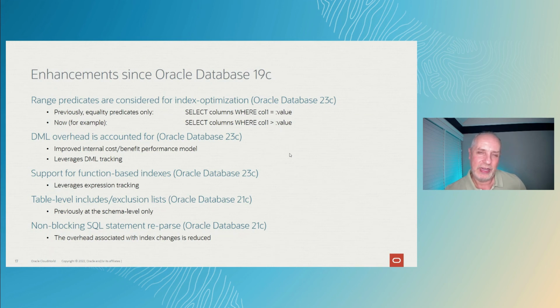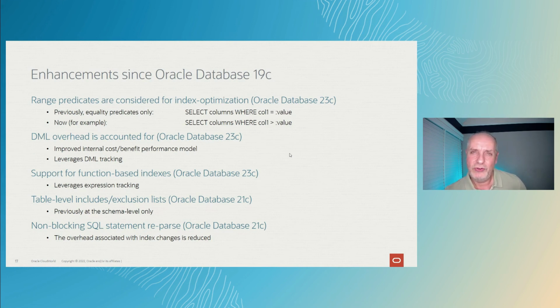It's necessary to have table level includes and excludes. So in other words, you can now target individual tables and say, I don't want auto indexing on these. You can imagine the type of scenario where a database has got a core of it where tables are very hot, where there's a lot of transactions, data coming in, data being modified.